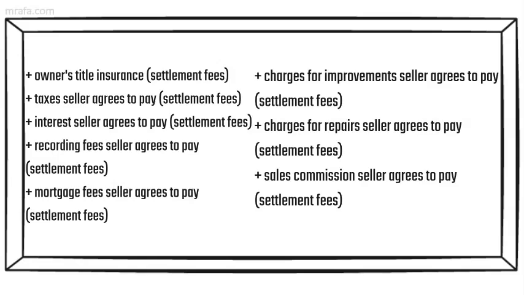And so now you have the formula for original basis, and now you want to know what are classified as capital major improvements. We can discuss that on our next discussion.